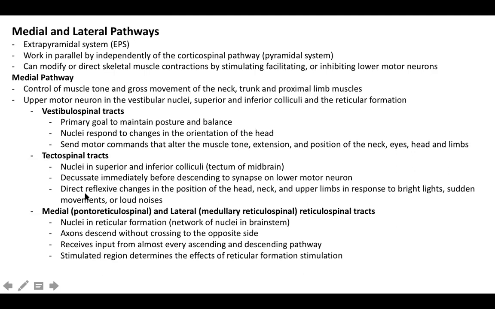Then we have the medial and lateral reticulospinal tracts. Okay, this is concerned with the reticular formation. The medial is pontoreticulo, so it's in the pons, and the lateral is the medullary, so that's in the medulla. So it starts in the part of the reticular formation in the pons, and part of the lateral has to do with the part of the reticular formation in the medulla.